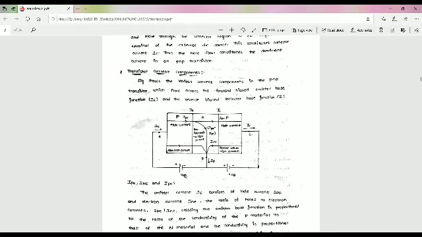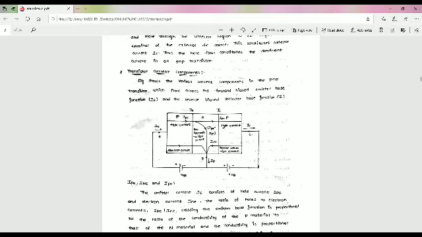Okay, the holes crossing the emitter base junction JE and reaching the collector base junction JC constitute the collector current IPC. The holes crossing the emitter base junction JE, this is the JE, and reaching the collector base junction, last one JC, constitute the collector current, that means IPC.